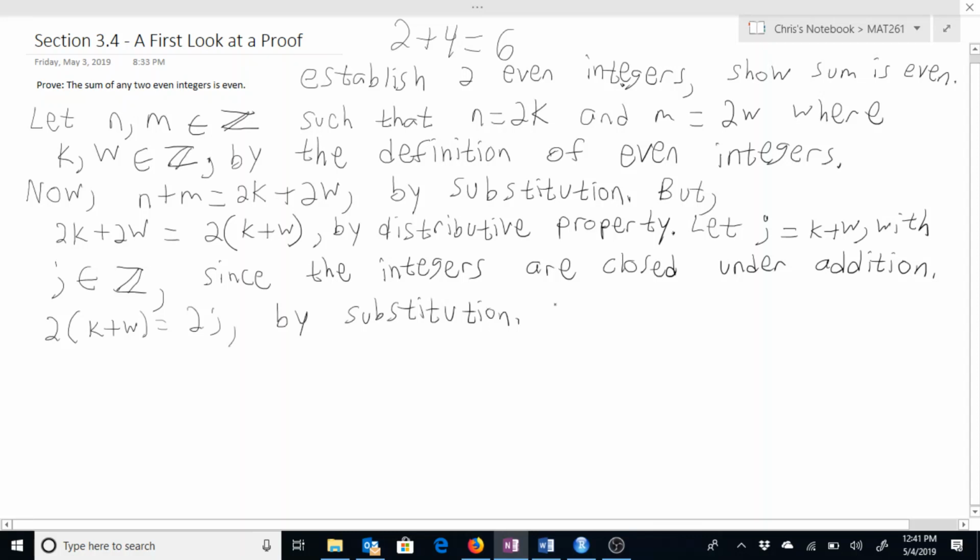And then we could say that n plus, a more legible m, is equal to 2 times j by the transitive property.